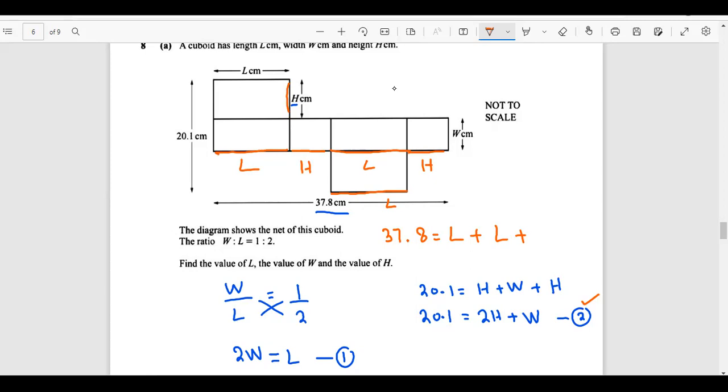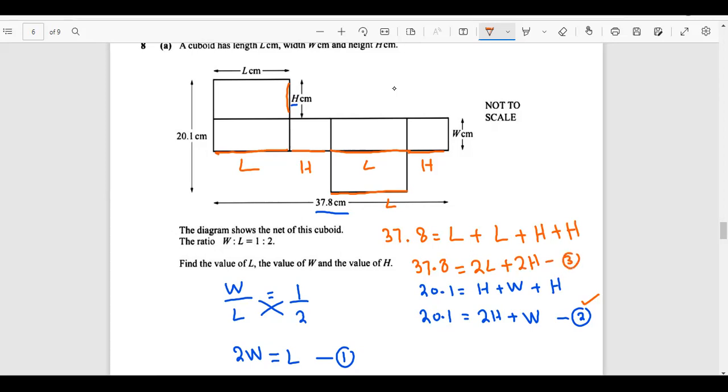Yes, you can also think about it that way. But if you start folding this, you will see which side would be coming parallel to these sides. Okay, and then you would be able to understand this thing. So it is going to be L plus H, and then the final one is going to be 37.8 equals 2L plus 2H, and this is the third equation.